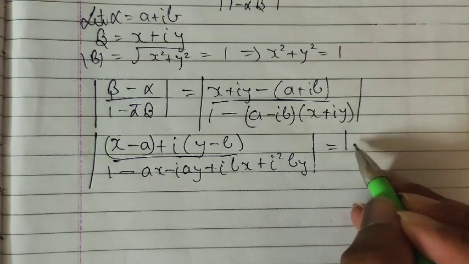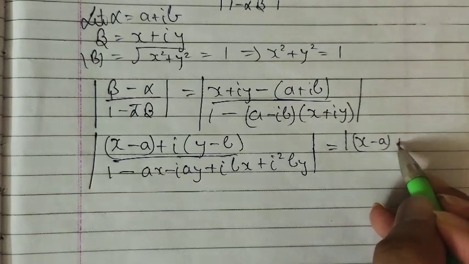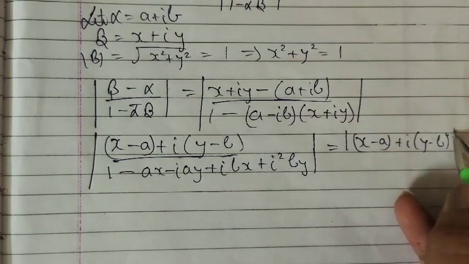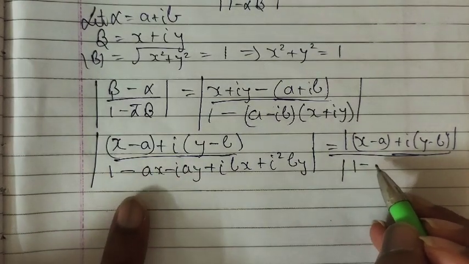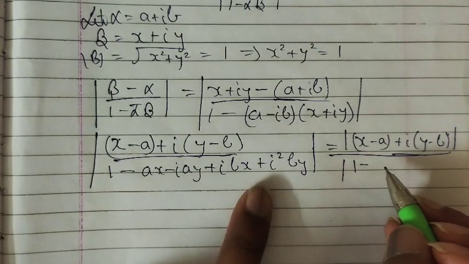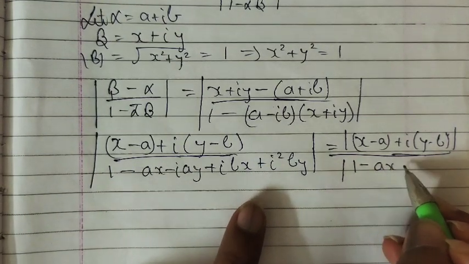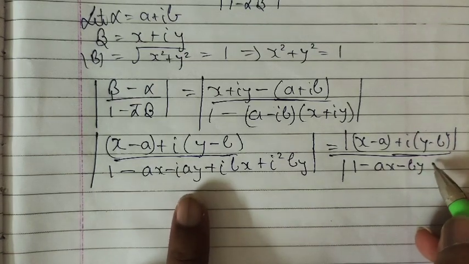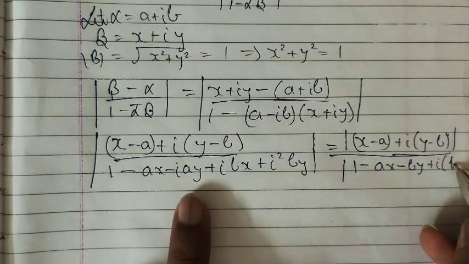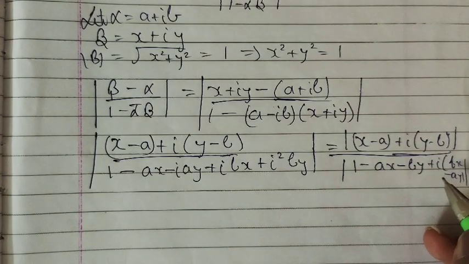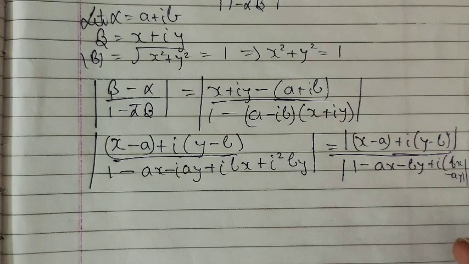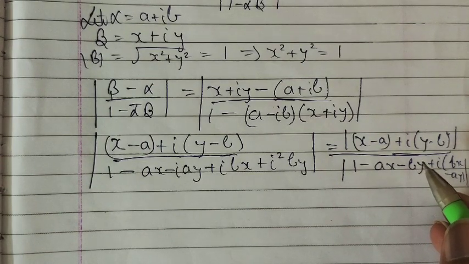So now let's separate x minus a plus iota y minus b on separating this modulus. So 1 minus ax, iota square is minus 1, so 1 minus ax minus by plus iota common bx minus ay, right? So bx minus ay. So what do we have so far? 1 minus ax minus by plus iota bx minus ay, and in numerator we have x minus a plus iota y minus b. Now rationalize it.